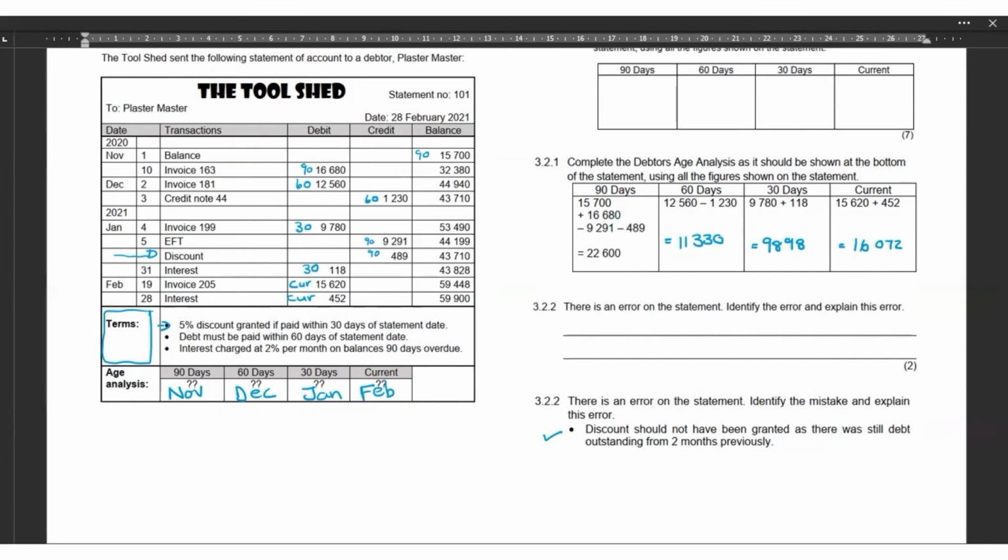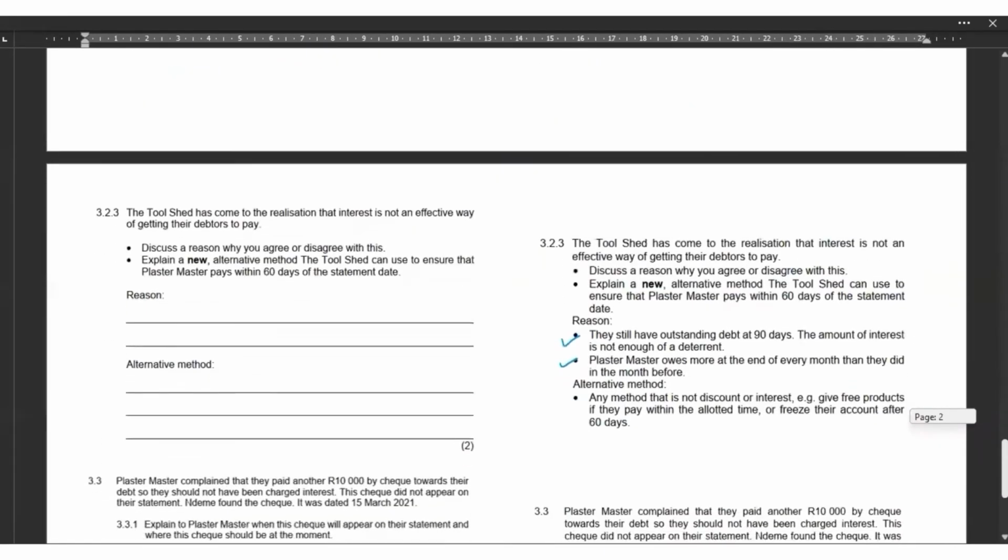It's another incentive. Generally, people respond better to incentives than they do to ultimatums. Positive more than negative. You could even go as far as saying, you know what, if for 3 months you keep within your terms and keep your account up to date, so you never have an age analysis that goes into the 90 days, then you can have a free item or something like that. Anything that incentivizes.